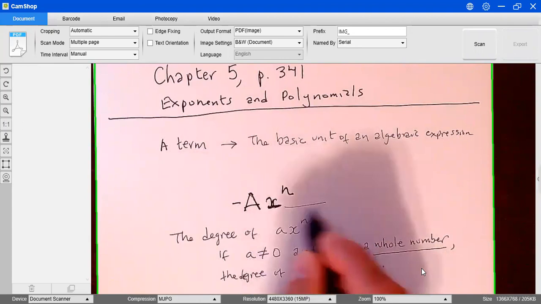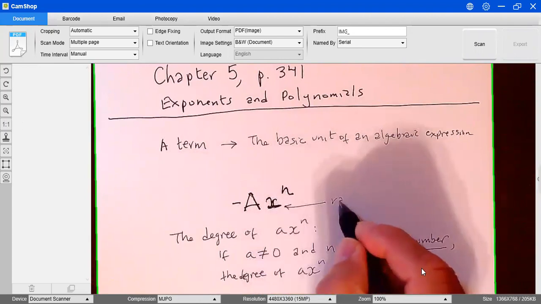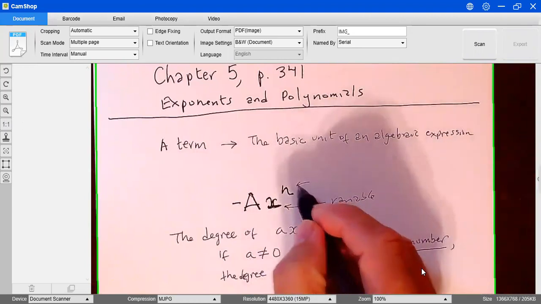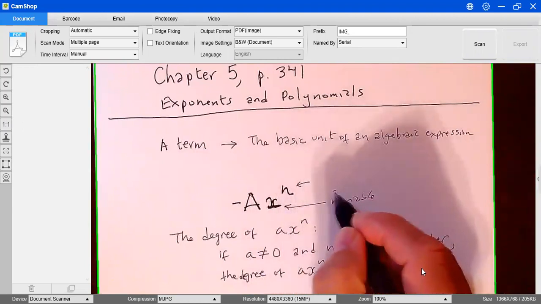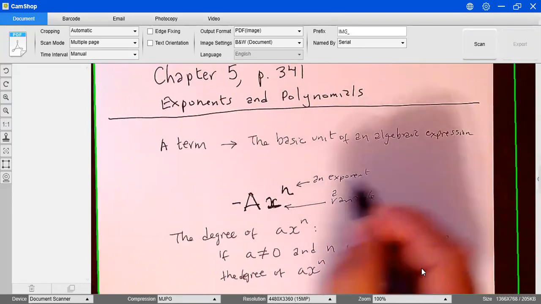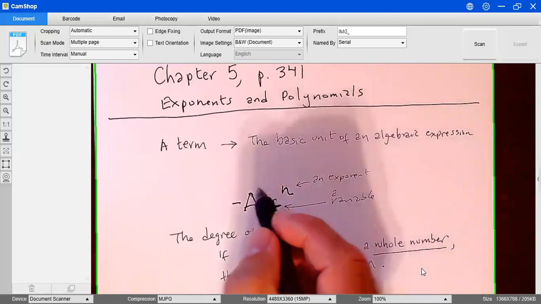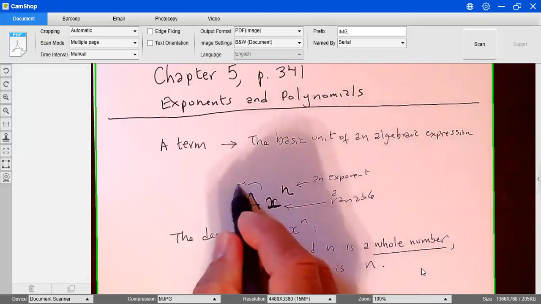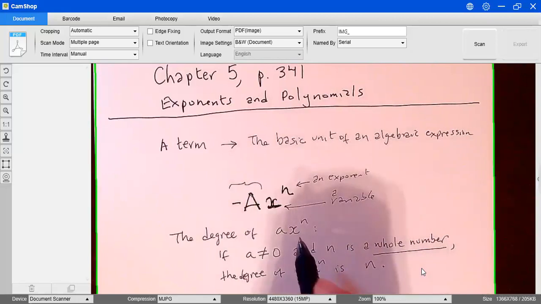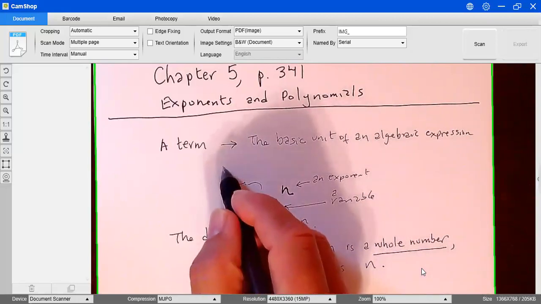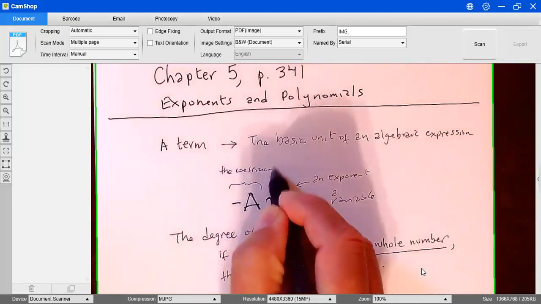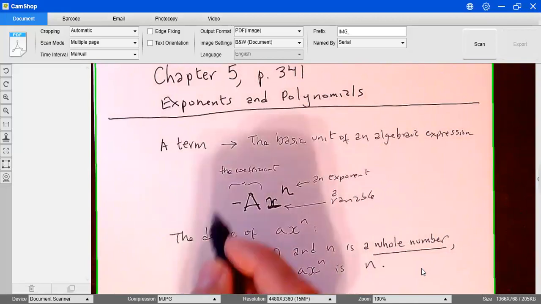This is the variable, also known as the base, usually when you have an exponent. Then we have the coefficient. The coefficient is the number in front of the variable, the number multiplying the variable. That's the coefficient. And the coefficient includes the sign. So this is the sign.